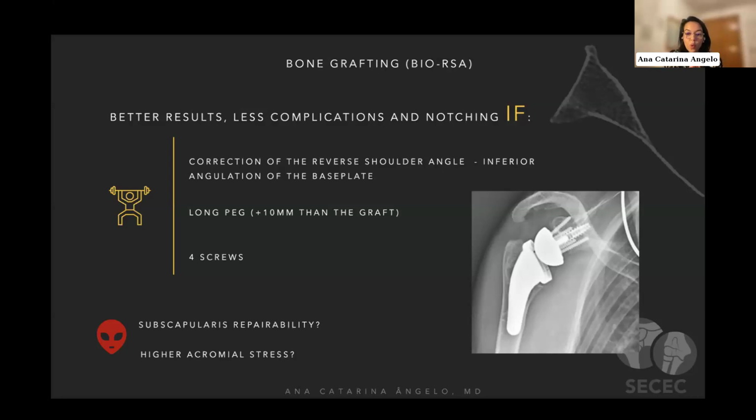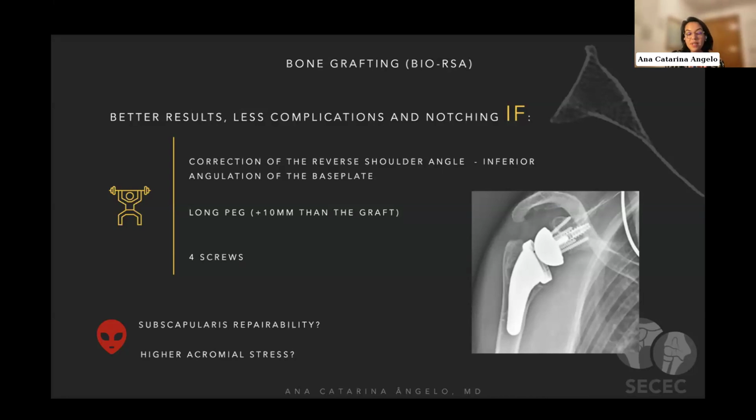But when you distalize, when you inferiorize the glenosphere, you're distalizing your joint in a lateralized design, also provided by the graft that you put behind the base plate. This will lead to a scenario in which the majority of the times it will be very, very difficult to repair the subscap.